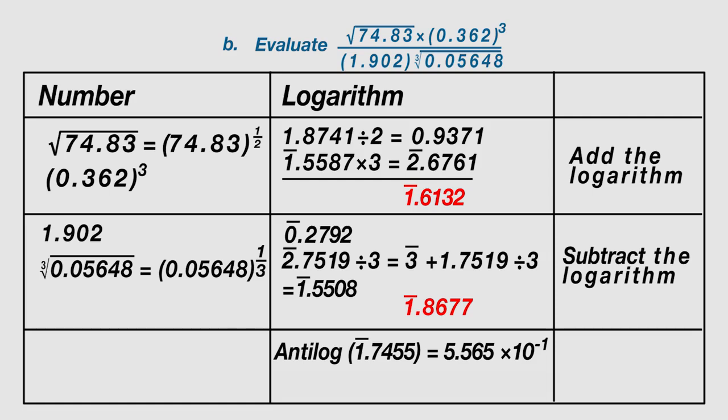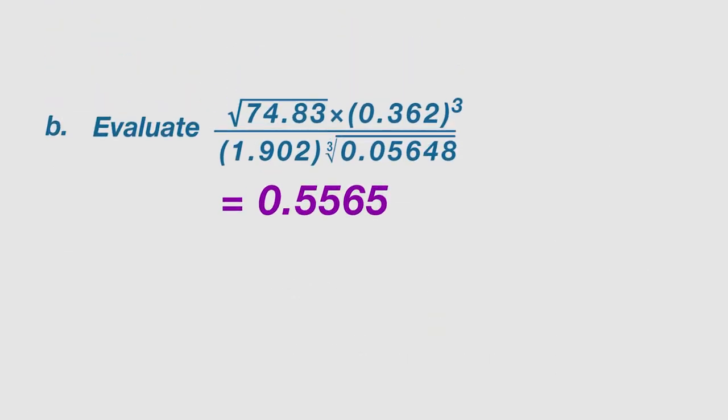And so we work that out. And our final answer will be 0.5565. And so we say this whole question gives us an answer of 0.5565. Now that is very good.